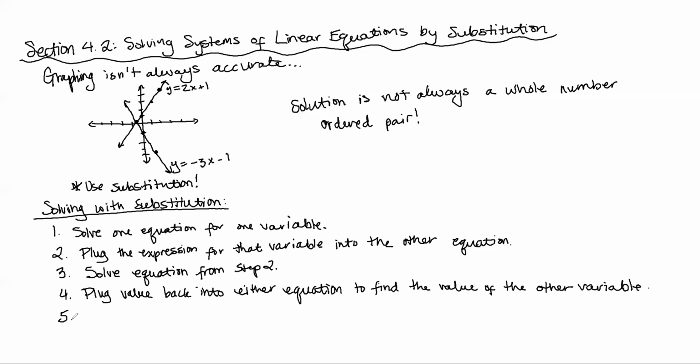And then once you have this, you can check your solution like always. And just like we talked about checking for the graphing method, you still have to do the same check where you plug that x-y pair into both of your original equations.